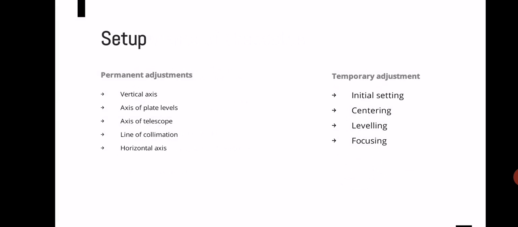After that, the axis of altitude level or spirit level must be parallel to the line of collimation. The final check is the optical axis. The axis of the objective slide and line of sight should coincide.